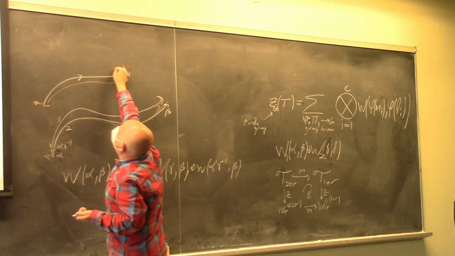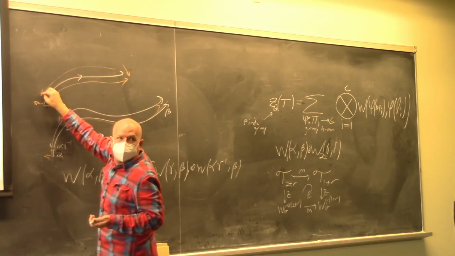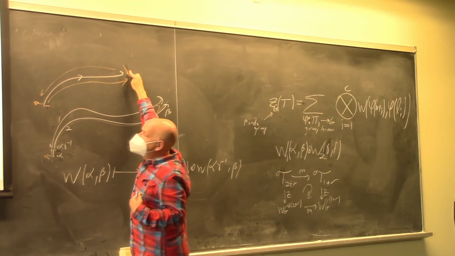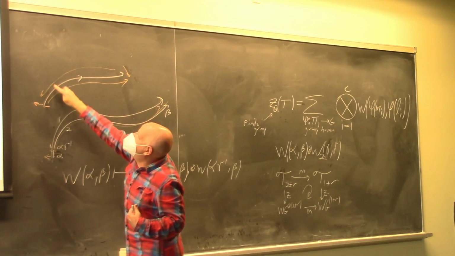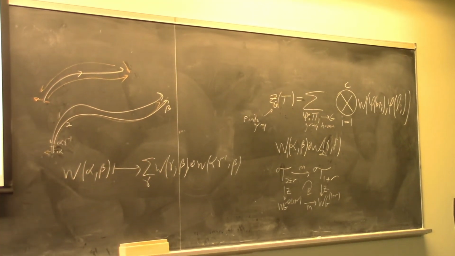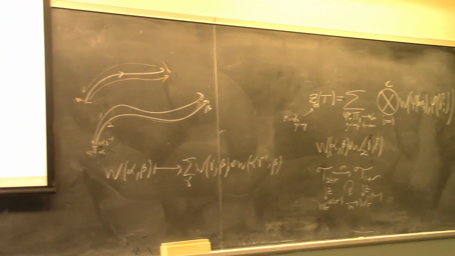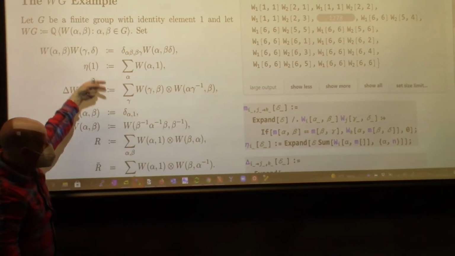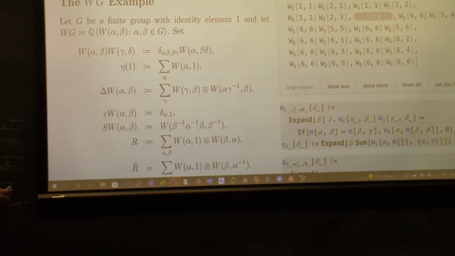And the new longitude will be going backwards. This, as we already saw, is a conjugate of that by the longitude. So the antipode conjugates the meridian by the longitude and reverses the longitude. And okay, it's a perfect match.